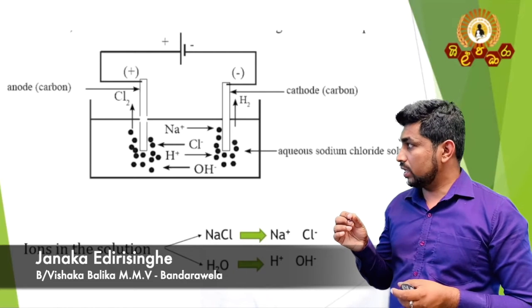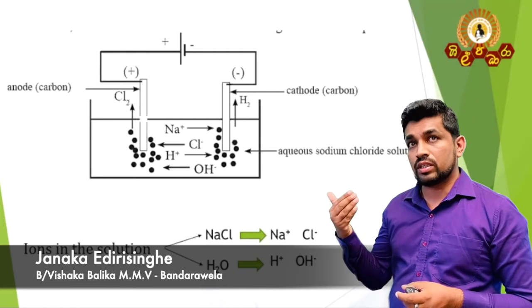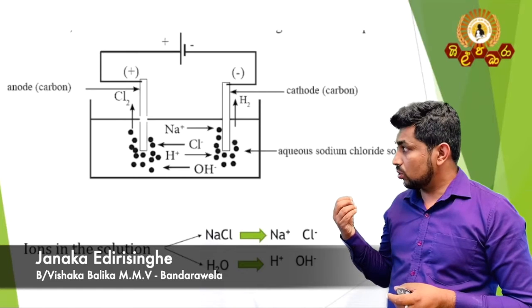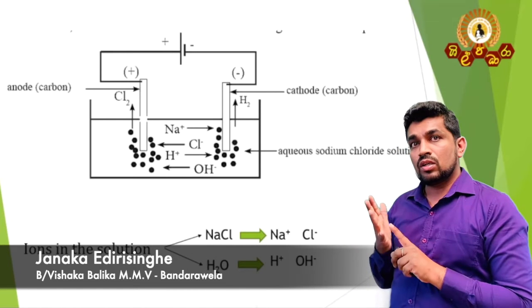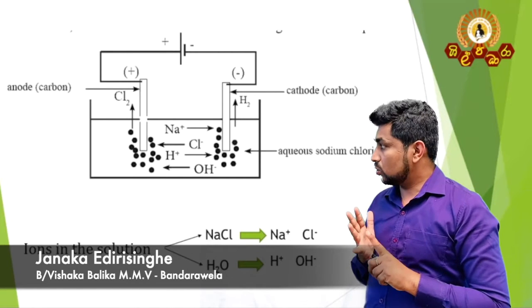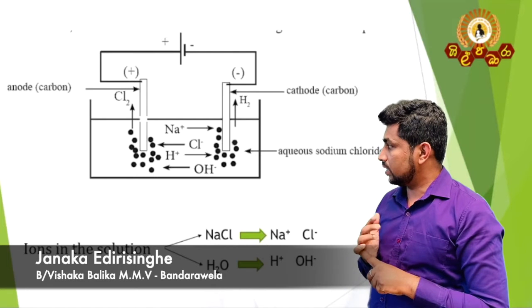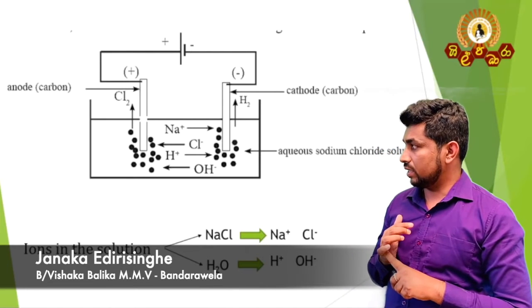So there are 2 ions moving towards the cathode, or the negative terminal. One is the sodium ion, and the other is the hydrogen ion.